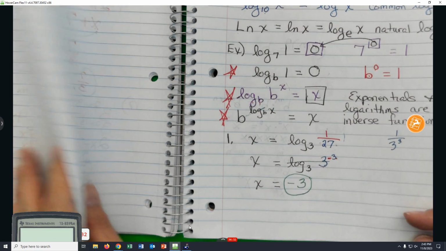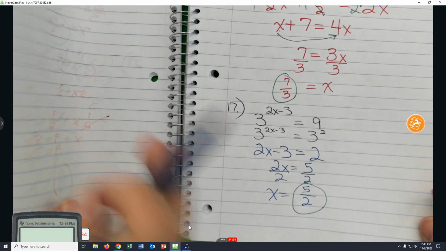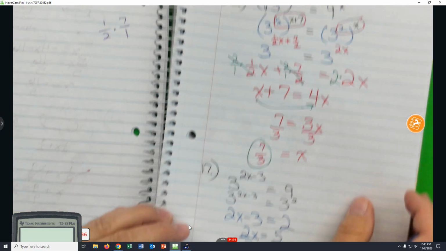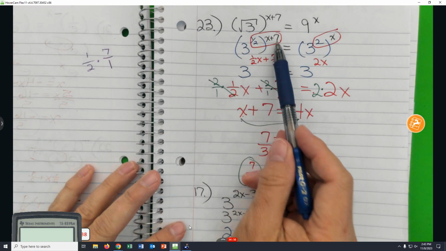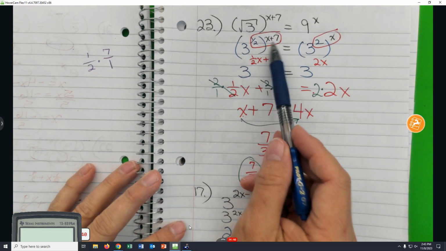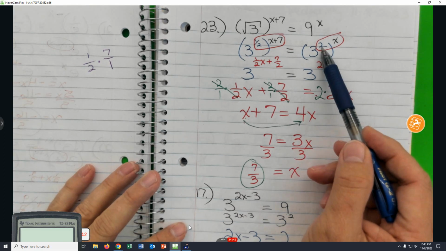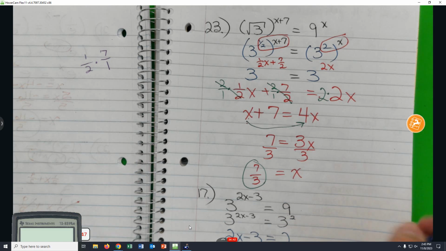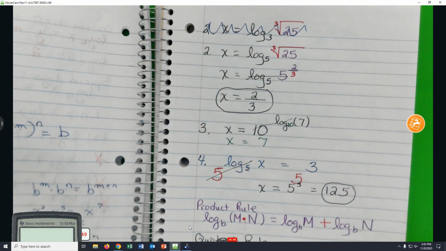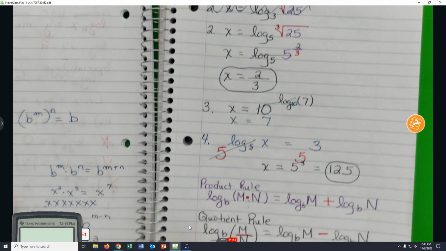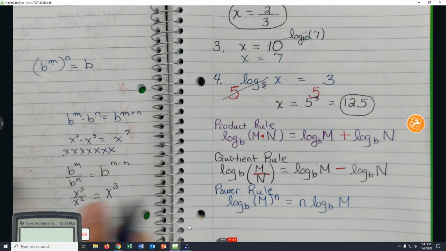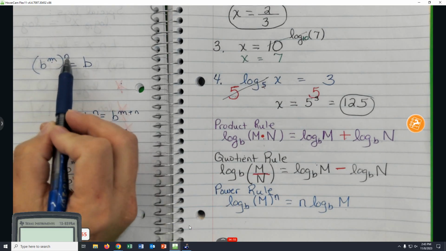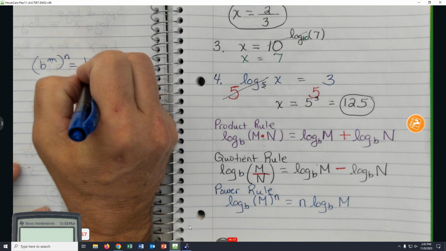Right here, number 23, a power raised to a power. What did we do there? You multiply. So if there's a sum or difference, you distribute. But the general answer I was looking for was multiply. A power raised to a power, you multiply.